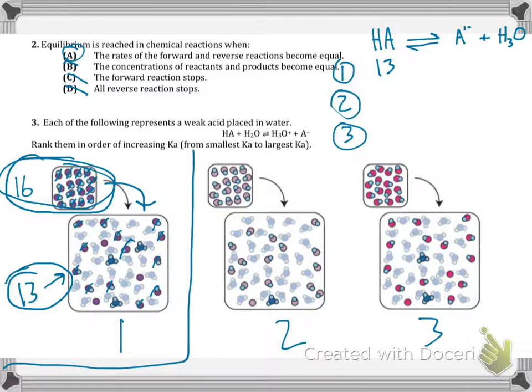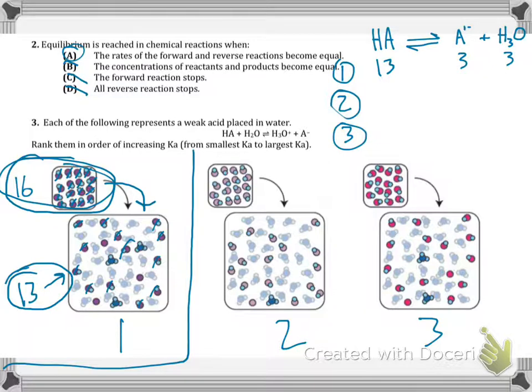That means 3 of them must have gone over to the product side. Now, if 3 of them went to the product side, that means we're going to have 3 of these and 3 of those. Because for every one of these will produce 1 of those and 1 of those. So in this situation, we end up with 3 products and 13 reactants.